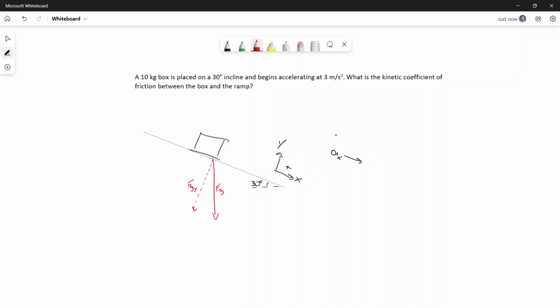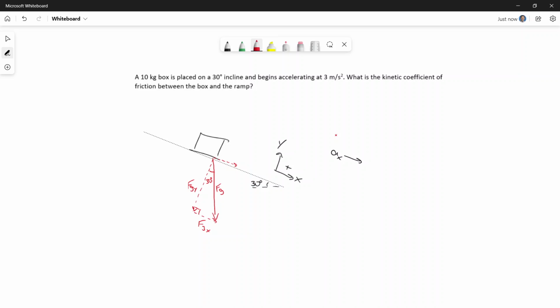And some of that acts down the ramp, right? As we do with vectors, I can put that down here, and here's where you might see that triangle. I've got a right angle right here, and I've got an angle in here that is the same as the ramp angle. That is 30 degrees.